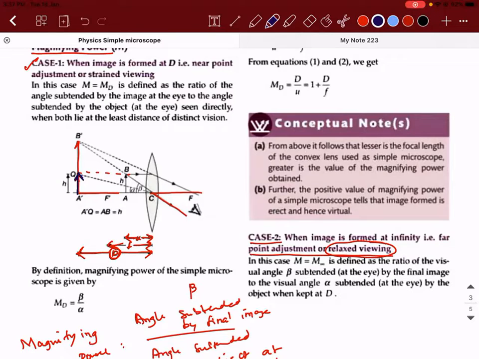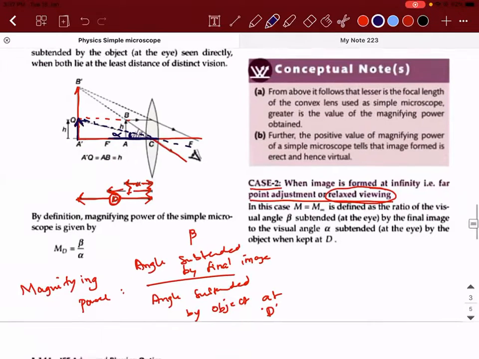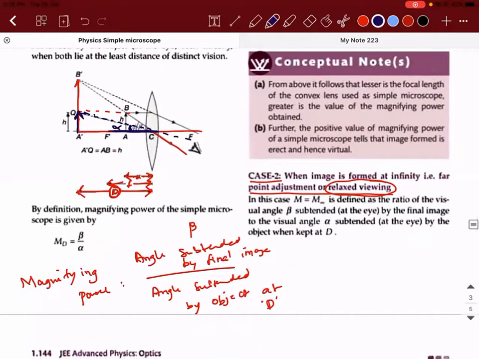So this is the share of height taken by the object from the image. From here, if I draw a line like this, this angle is alpha. So beta divided by alpha is what is going to give us the magnifying power. Am I clear with this? Yes, sir. Right. So this is the first important definition you need to understand.